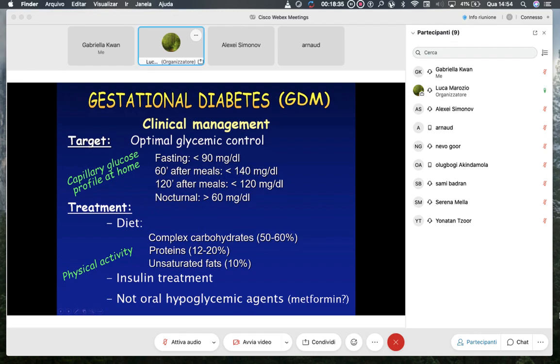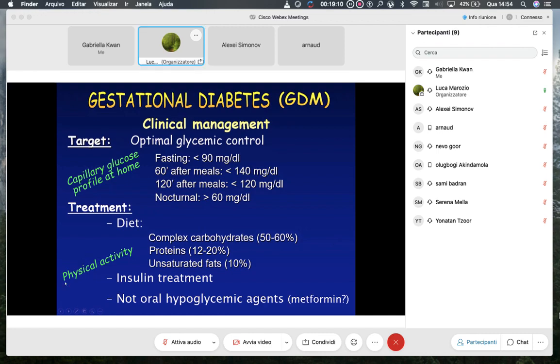Hypoglycemic agents are not used in pregnancy, they are contraindicated, except maybe metformin, which is now used in those cases with metabolic disorders. Women using metformin before pregnancy can keep on taking metformin during pregnancy. I think it's safe, but it's still not recognized as an official treatment of gestational diabetes.